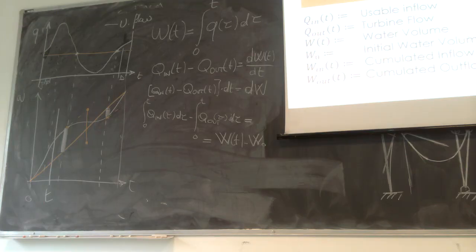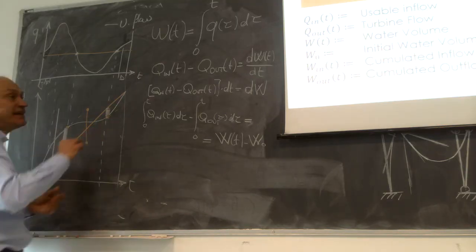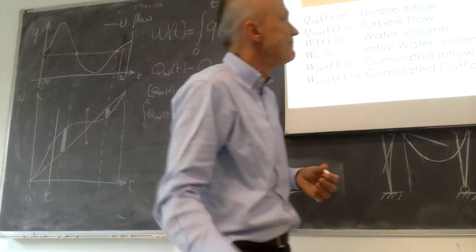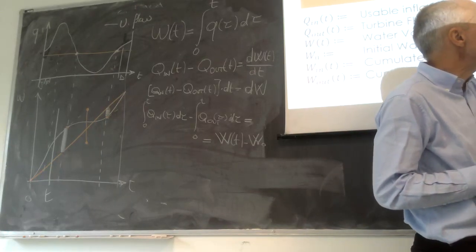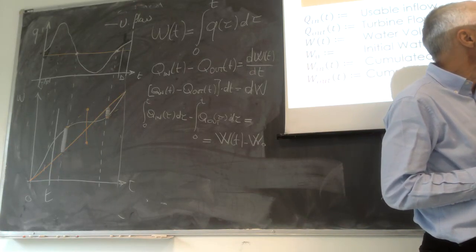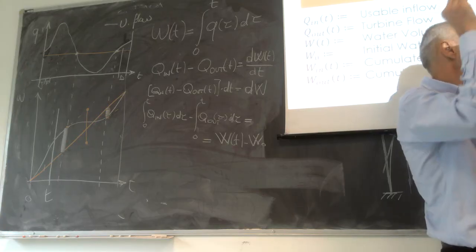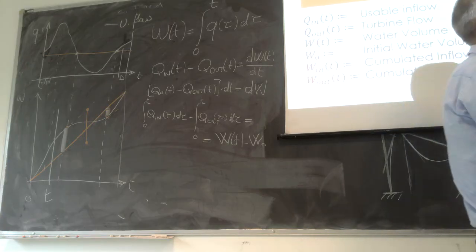We don't know what that is, okay? But it's not important. At time t equal to 0, there is some water in the reservoir. We don't know the amount of water. It doesn't matter. So basically, if you look at the slides, I named W in the cumulated water volume of the available usable inflow.